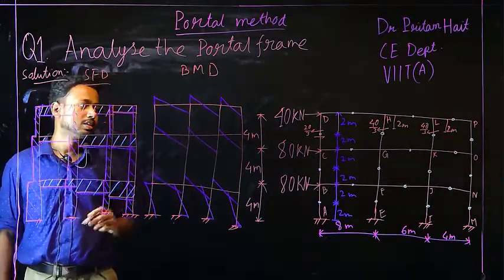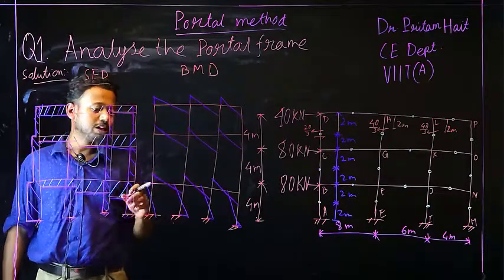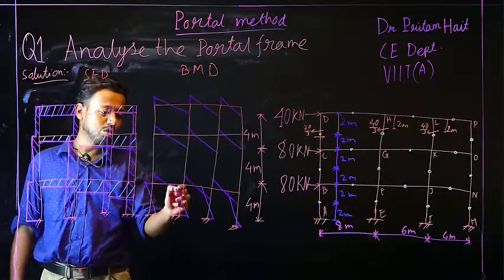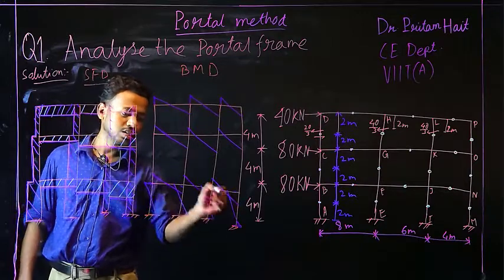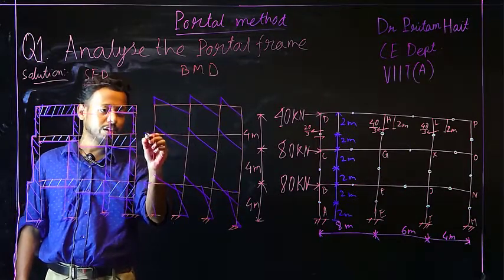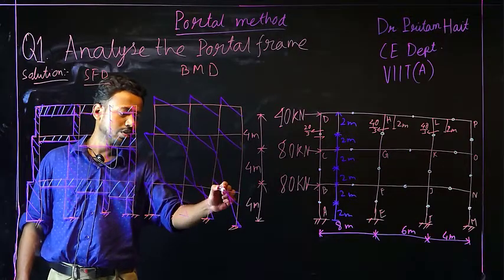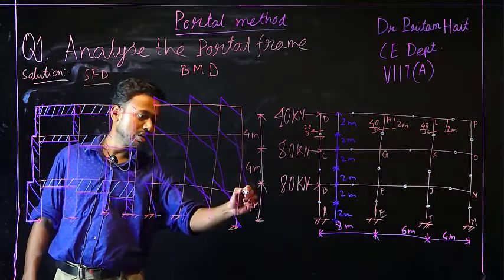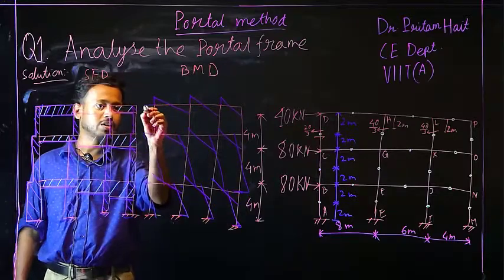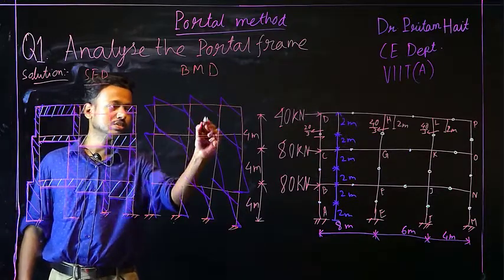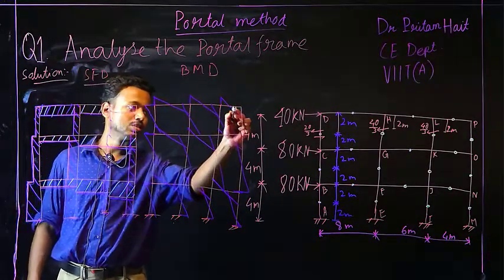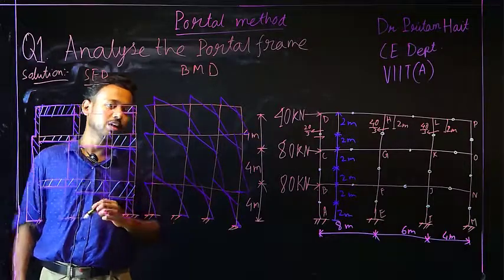And the bending moment of each column you can draw in this way. So now I am drawing the bending moment diagram of this column in this way. You can also draw the bending moment diagram of each beam and column in this way, which is the easiest process to draw the bending moment diagram.